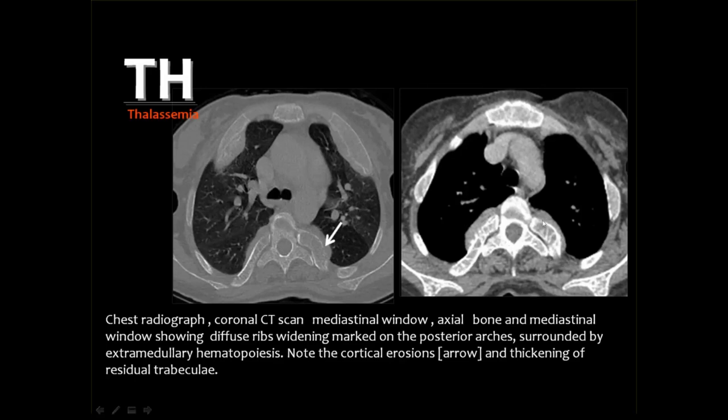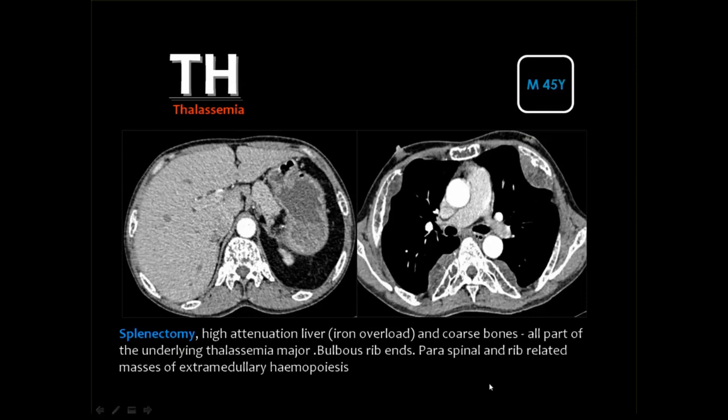There are vertical striations, especially noted in the posterior aspects of the ribs, and this may be associated with soft tissue masses along the affected ribs, which is known as the extramedullary hematopoiesis. And this is also an example of thalassemia major, where the spleen has been removed.